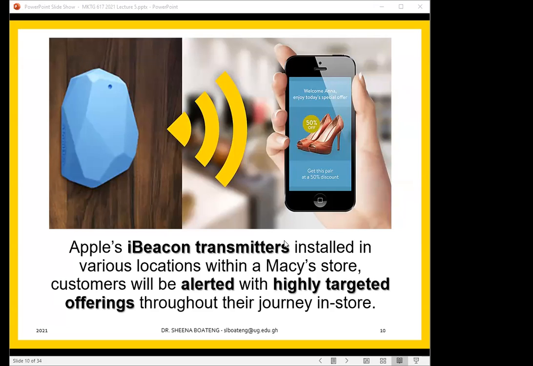Now, as a customer who has installed the app on your phone, once you walk into the physical location of any of these retailers, the beacons that have been installed in the physical location would immediately transmit and connect with the application that has been launched on your phone.